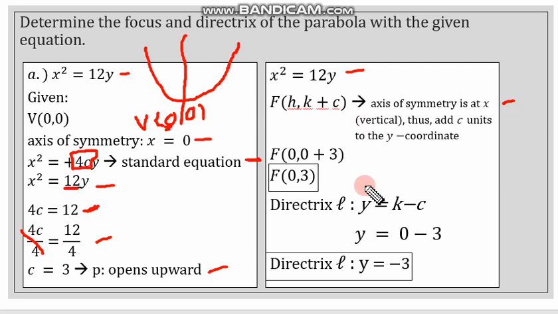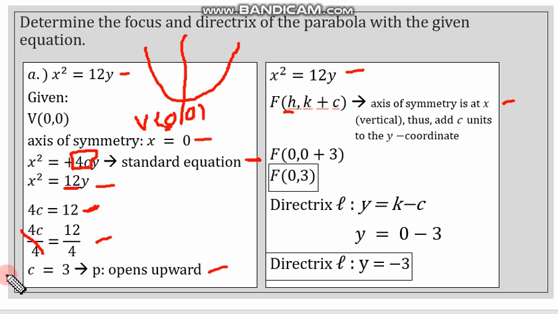So since our axis of symmetry is equal to 0, to determine our focus and our directrix, since we know our h, which is 0, we will add to our y coordinate, so the vertex plus c or minus c to determine the focus and the directrix.